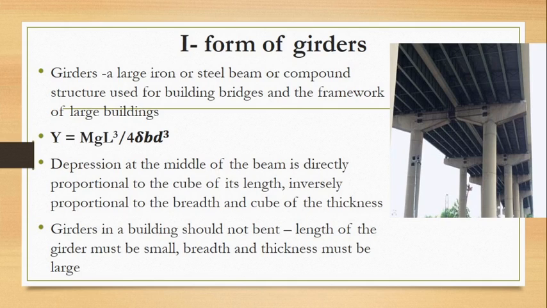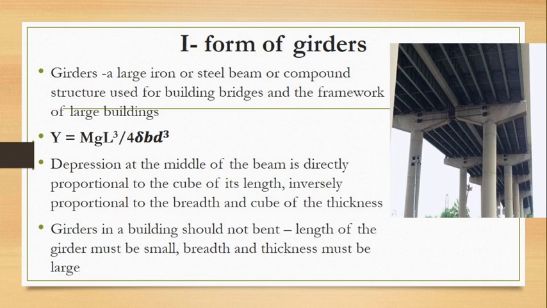So we have the expression for Y, Young's modulus, or you can write the expression for delta from this. How will we write delta? Delta as WL cube by 4Y BD cube.